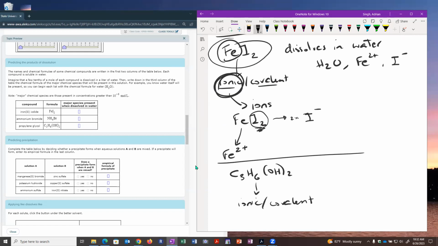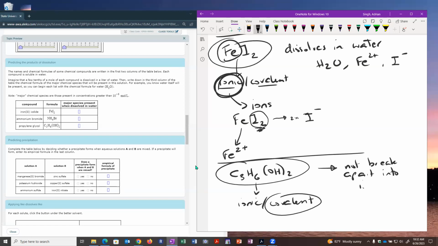When we look at the types of atoms involved, these are all non-metal atoms, so this tells us it's going to be covalent, which means that when this dissolves, it will not break into ions. This will actually dissolve as individual molecules. So this entire thing will stay together.